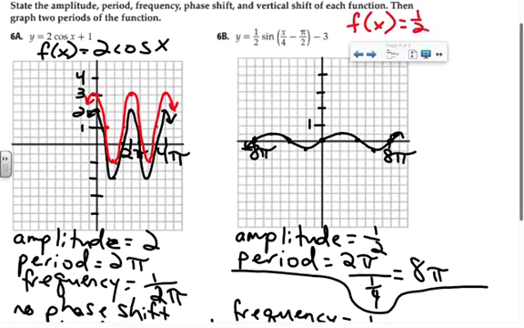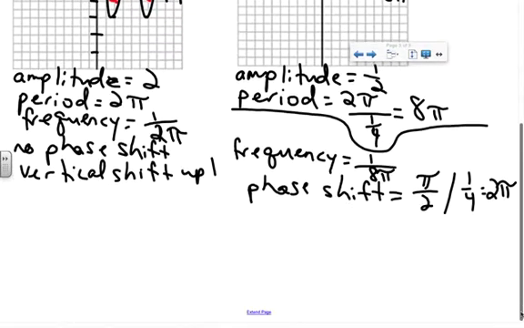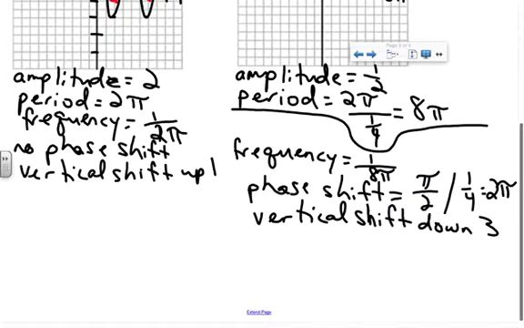And here's our f of x graph. Which is 1/2 the sine of x over 4. I have not yet phase shifted it, and I have not yet vertically shifted it. We may have forgotten to indicate that down. It's vertical shift. Shift down 3.